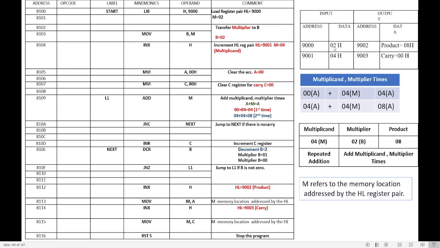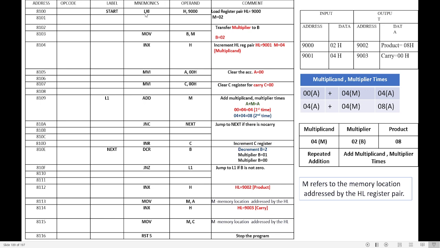I stored my multiplier in 9000 and multiplicand in 9001. I need to get the product in 9002. To do that, first I need to load the register pair immediately. Which register pair? HL, with my first data, which is sitting in 9000.